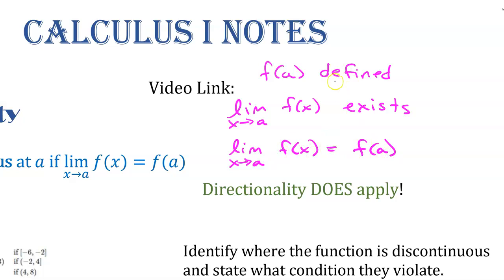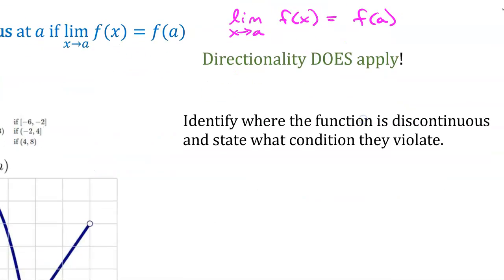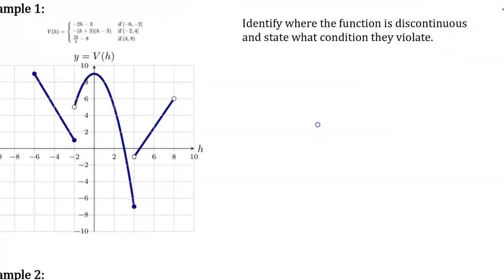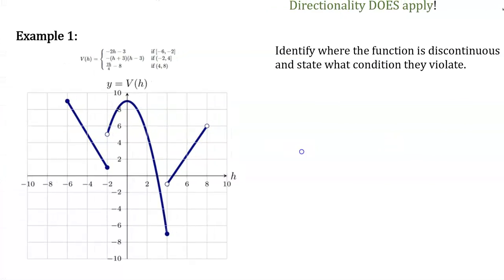So there's three things embedded in this one definition, and all three must apply if the function is continuous at a. Now, just because it is continuous at a does not mean it is continuous everywhere. So that is where our first examples come in.